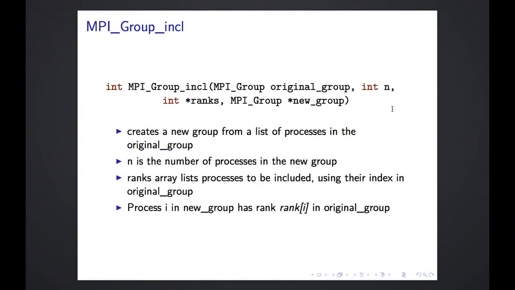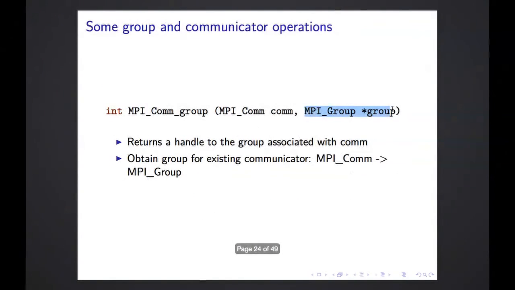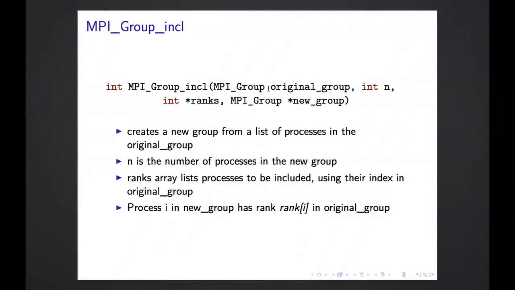To do this, first you have to extract the group of the old one using MPI Comm Group, and then you use the original group. You provide this as an argument to MPI Group Include, and this allows you to make a new group. How do you create it? First of all, you specify how many processes you want in the new group, and then you specify a ranks argument which will list the processes to be included using their index in the original group.